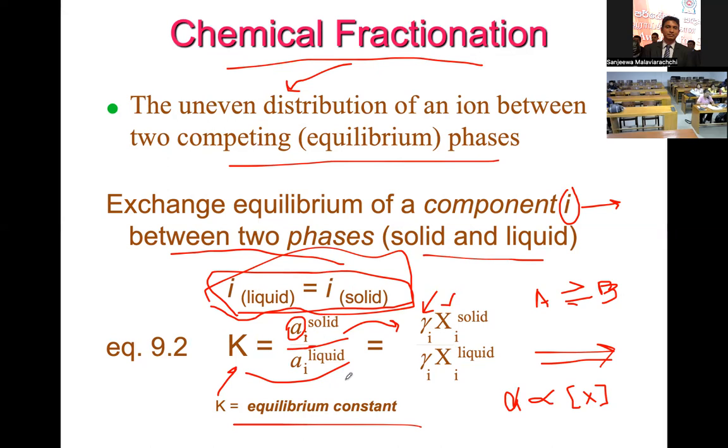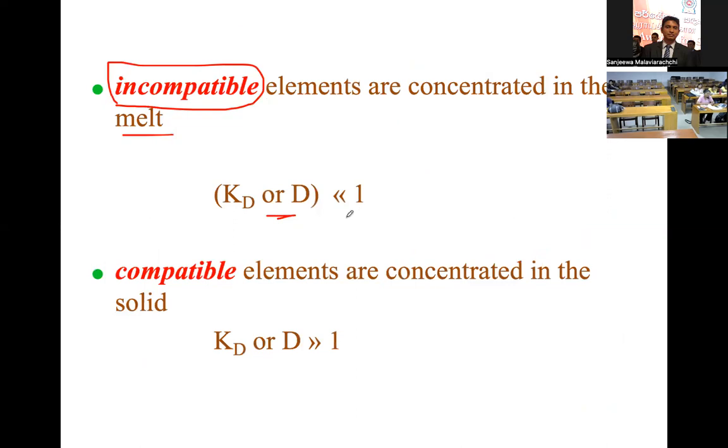So you have a bigger term here and a smaller term here, so obviously it should be less than 1, because this is the ratio. That's why KD should be less than 1. But in the case of compatible elements, they are always concentrated in the solid, so it should give you a ratio greater than 1 always. Just keep that also in mind.